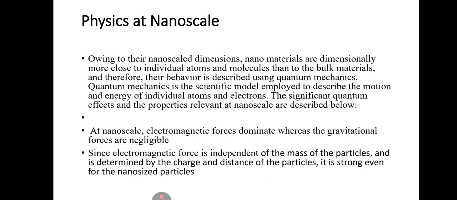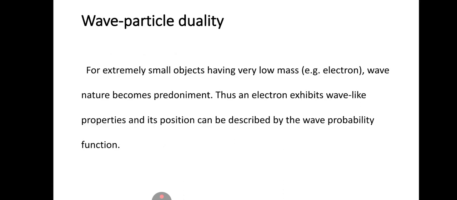The quantum effects and the properties relevant at nanoscale are described below. At the nanoscale, the electromotive force dominates, whereas the gravitational force is negligible. Since the electromotive force is independent of the mass of the particle and is determined by charge and the distance of the particle, it is strong even for nano-sized particles.